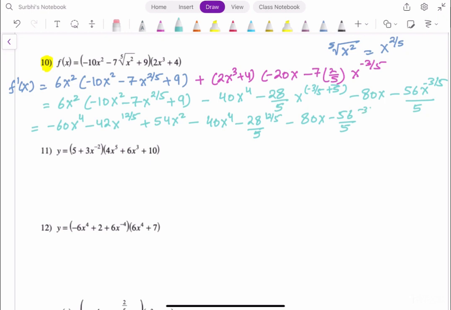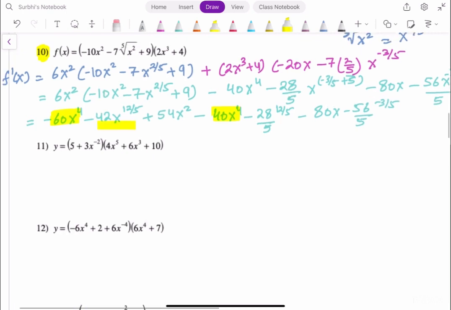Let's keep on simplifying the fraction. At this point, I can combine negative 60x to the power of 4 and negative 40x to the power of 4, and then negative 42x to the power of 12/5 with negative 28/5 x to the power of 12/5.